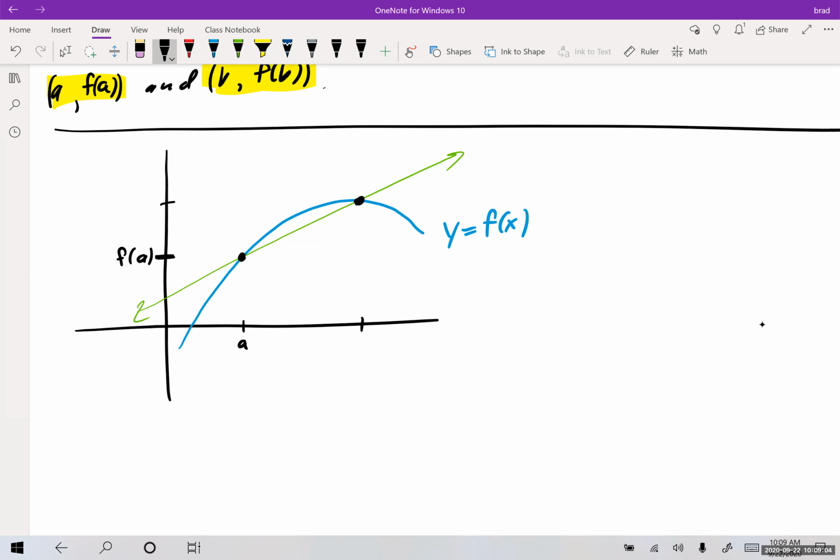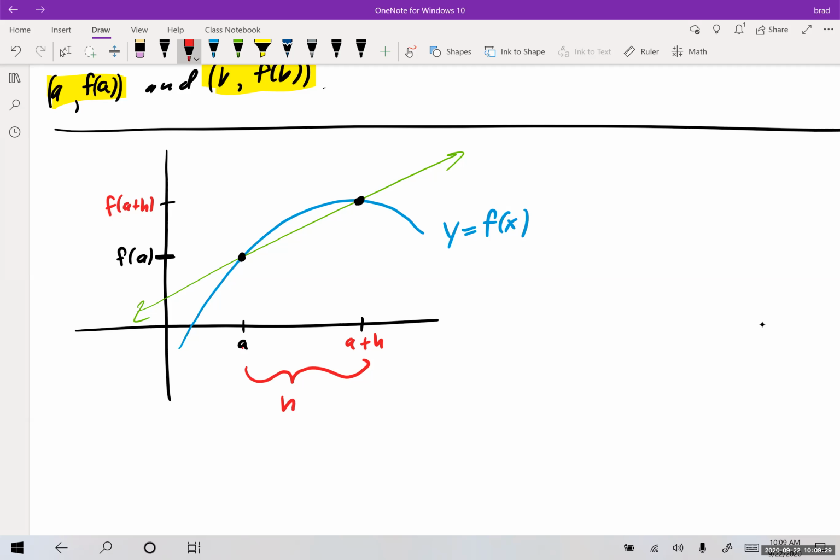And what I want to do is show you that this distance from a to the next coordinate, we have a distance of h, okay? So this is actually whatever a was plus h, and that's how we could redefine our b, right? And then that means that this would be f of a plus h.